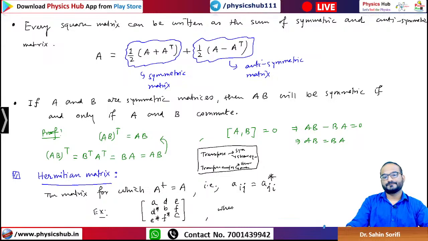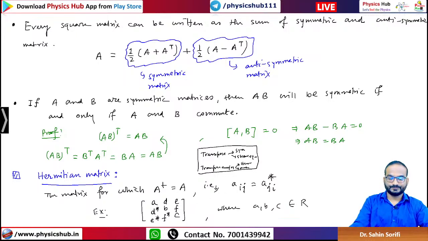Here A, B, C all belong to the real numbers, and this is a very important part. The diagonal elements are real for a Hermitian matrix.